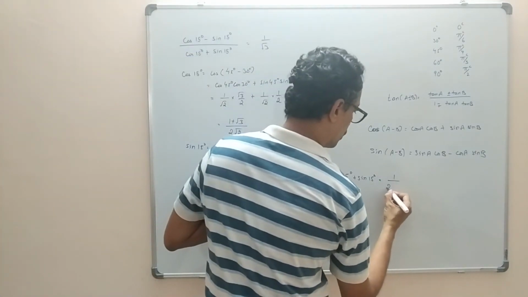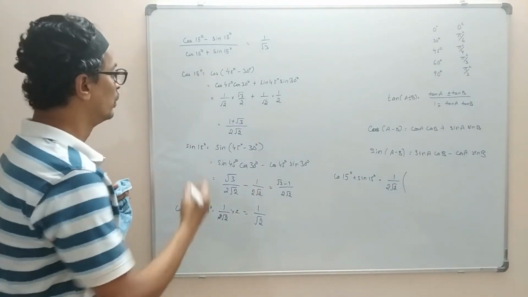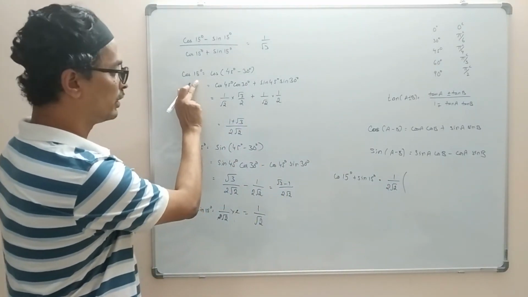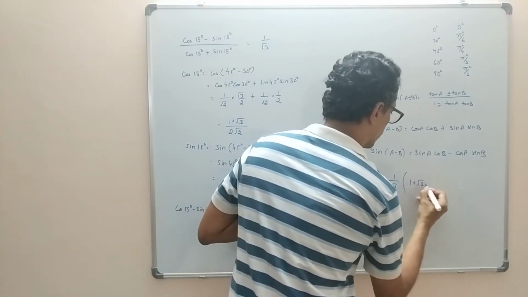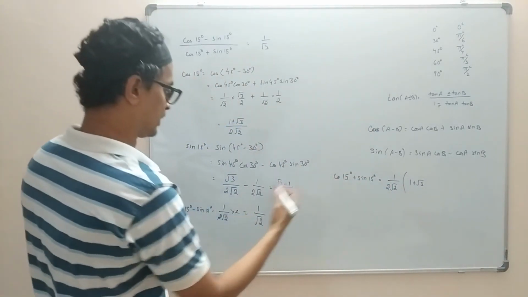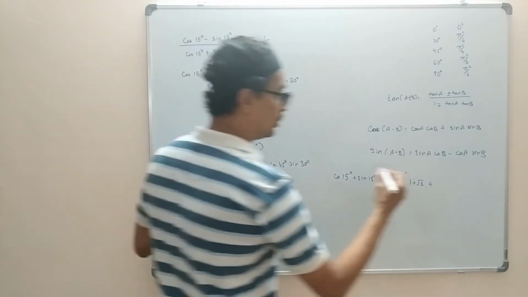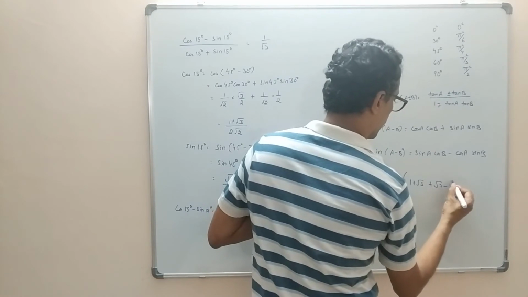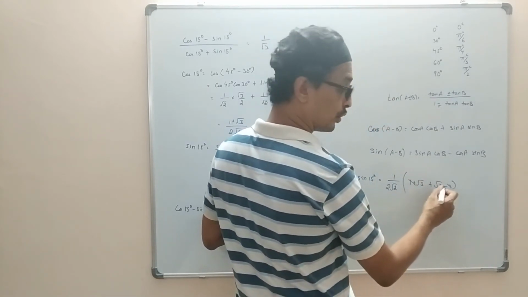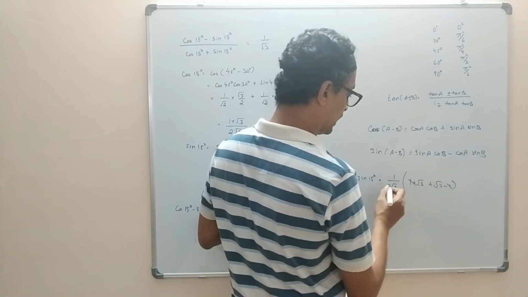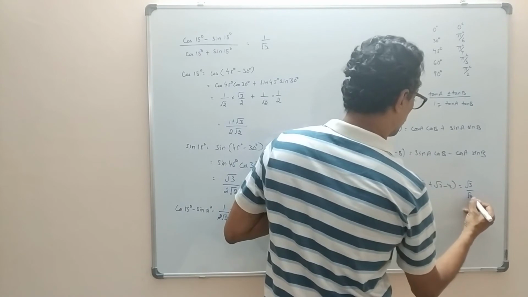So cos 15 degree, that is 1 plus root of 3, and plus sin 15 degree, root of 3 minus 1. Now you see the 1 and 1 cancel, so it becomes 2 root of 3. The 2 and 2 get cancelled here, so we are going to get root of 3 divided by root of 2.